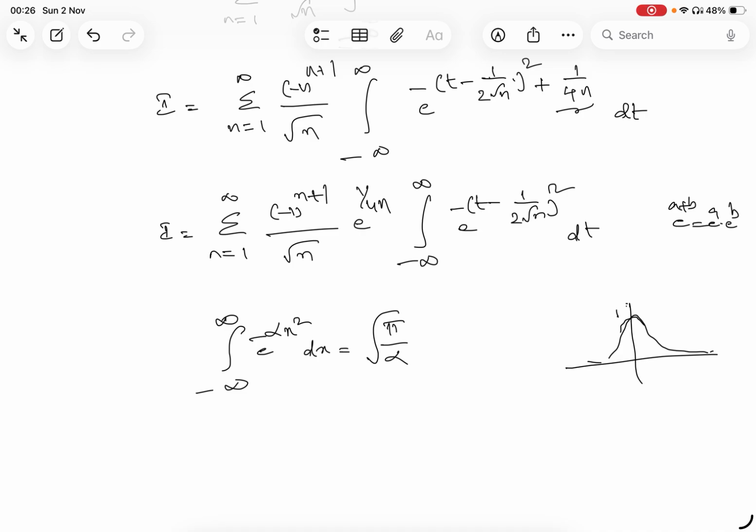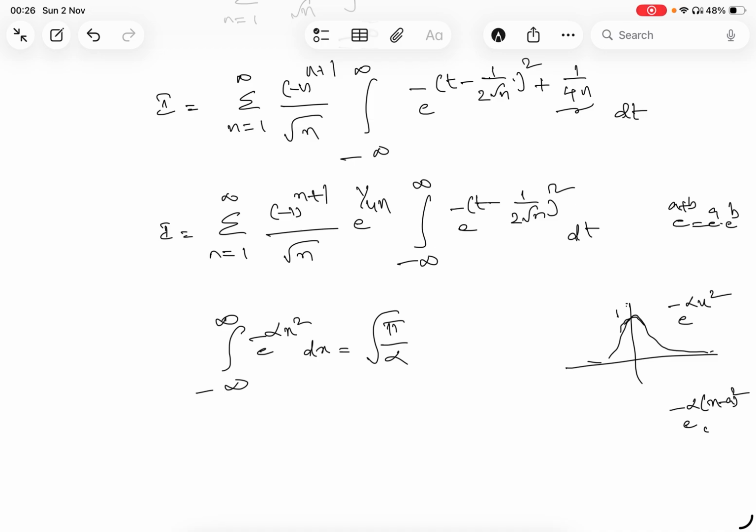Fine. As you can see here, the function is a similar case. If it is e power minus alpha x square, and the function is e power minus alpha into x minus a whole square, it's the same function which is shifted towards a.